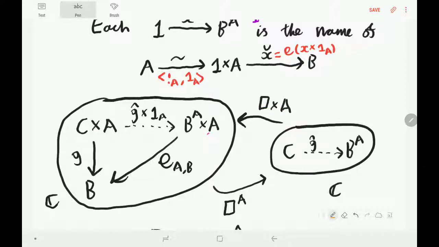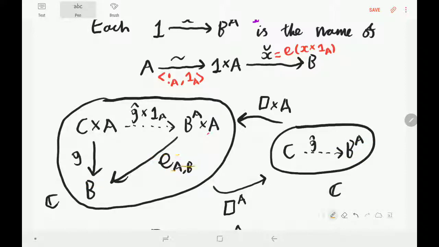Well, the way we do it for any B, we take this terminal morphism from blank times A to B, and that terminal morphism consists of an object and an arrow over here on the left, and the object is the thing we want, B to the power of A, and so we define that as the output of doing this exponential functor, this right adjoint, on B. So blank to the power of A operating on B gives us B to the power of A.